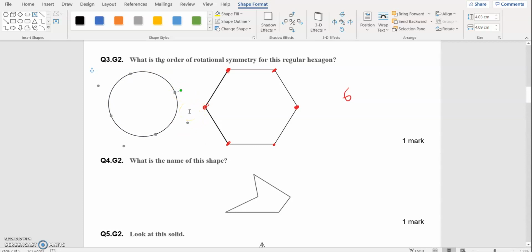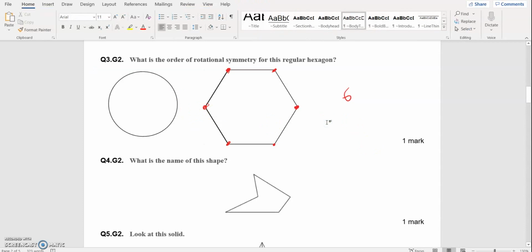Now, the minimum number of rotational symmetry that a shape can have is 1. So any shape would have 1, at least 1.